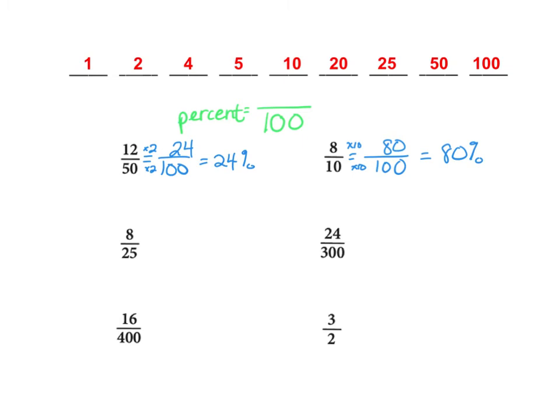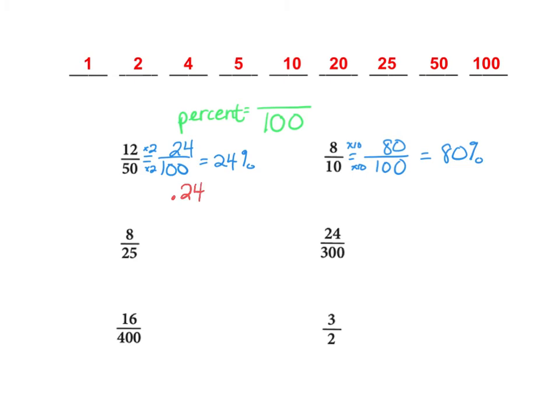Now, before we go any further, I also want to point out to you that since we turned our fractions into something out of 100, we can now easily write them as a decimal as well. So my 12 over 50, I turned it into 24 over 100. And isn't 24 hundredths also a decimal? Couldn't I write that as 0.24, 24 hundredths?